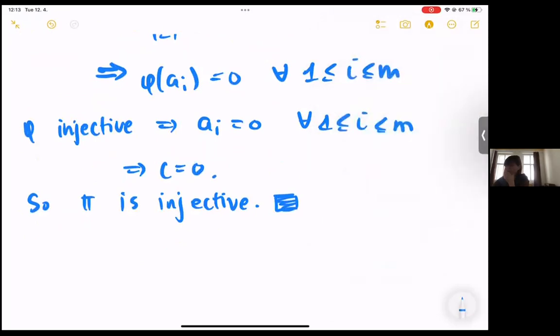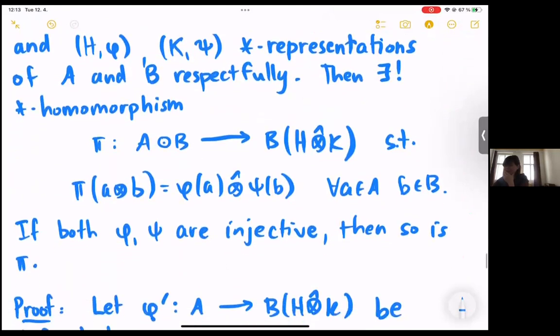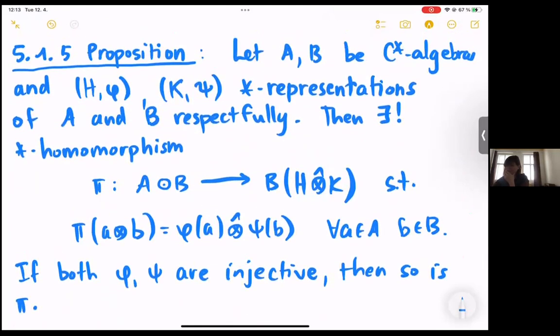So this is useful because now we see that if we happen to have C-star algebras, and these are star representations of C-star algebras. I said C-star algebras here, but actually it probably only needs to be star algebras for anything I said now.